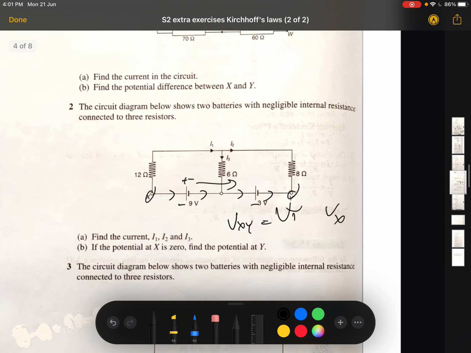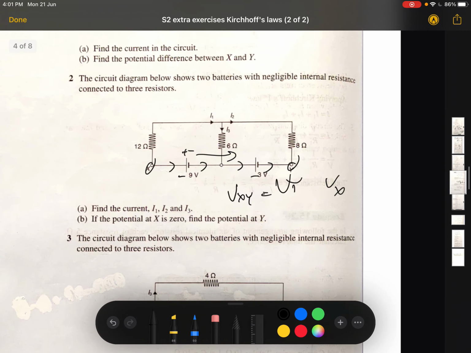Again, it's very confusing because it says that current travels from a positive terminal to a negative terminal. But when you have the current force itself through the terminals, if it takes the shortcut, we normally say that the current starts from the positive terminal but ends at a negative terminal.